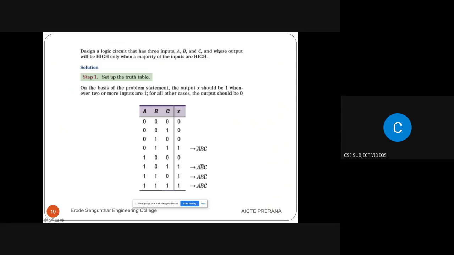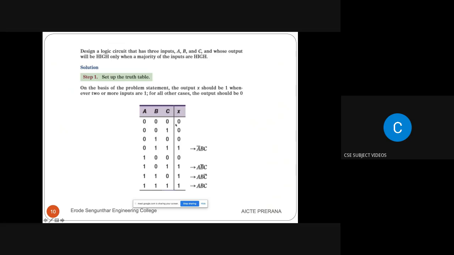From the specification, the output will be high only when the majority of the inputs are high. So the output will be high when there are more ones in the input. That is the specification given.